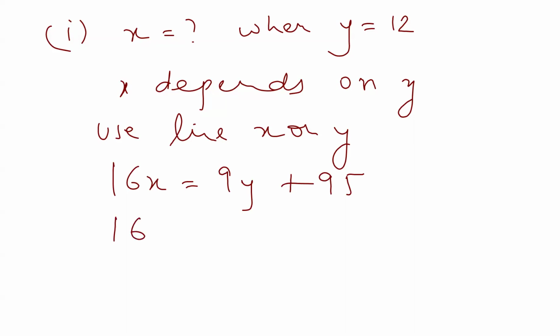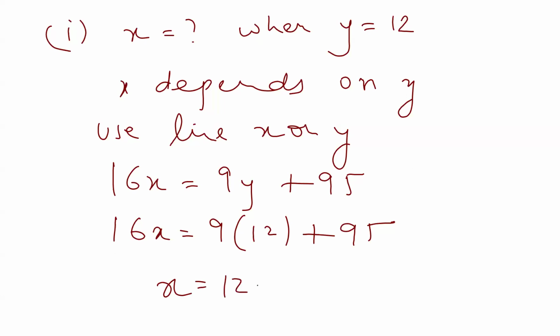In this, put the value of y as 12. So you can calculate this further. 9 into 12, 108 plus 95, 203 divided by 16. So the value of x will be 12.6875. So then that will be 12.69.